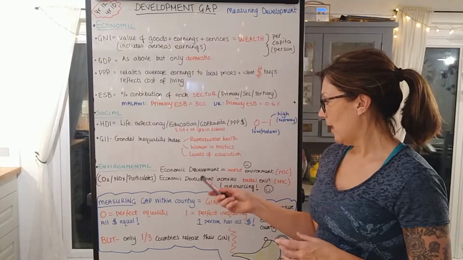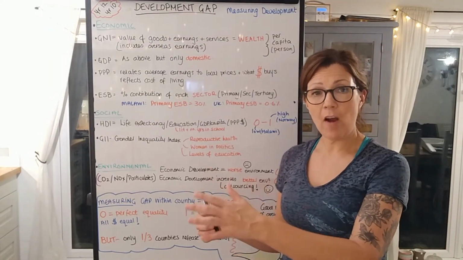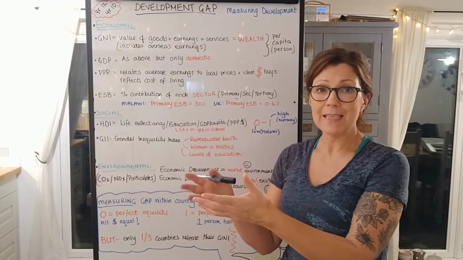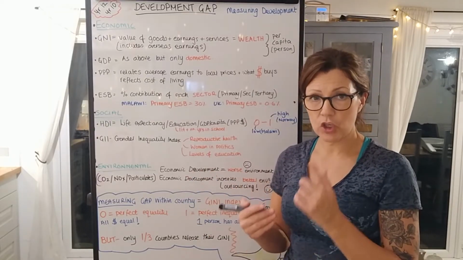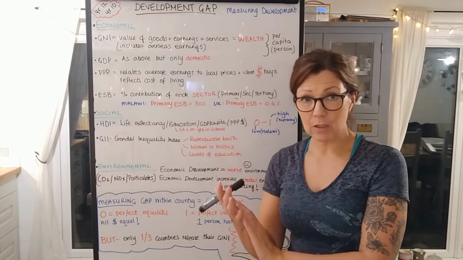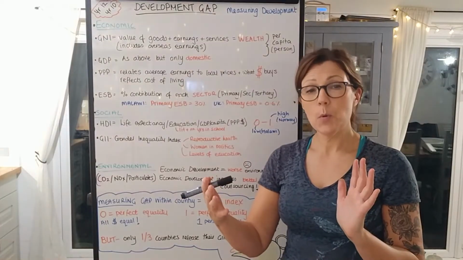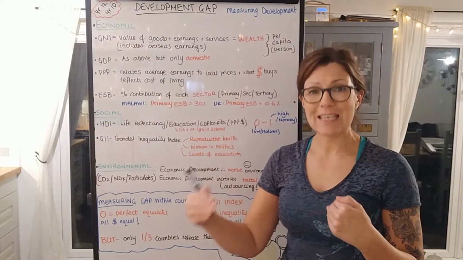Then you'll tend to find that as economic development increases, then the environmental indicators will decrease. That's what generally happens up until a country becomes a middle income country. So from a low income country to a middle income country, we would expect environmental quality to decrease.